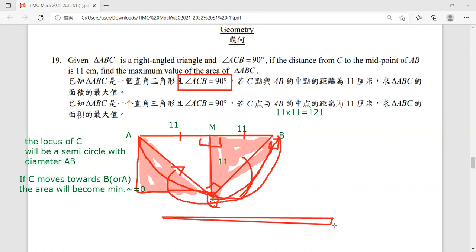Okay. When you put C here, when C overlaps with B, then the area will be 0.